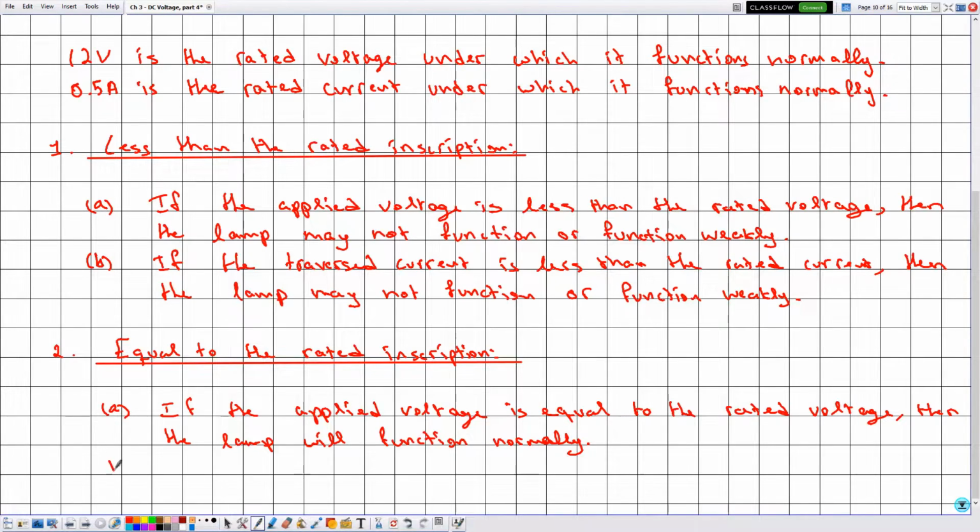And similarly, if the traverse current is equal to the rated current, then the lamp will function normally.